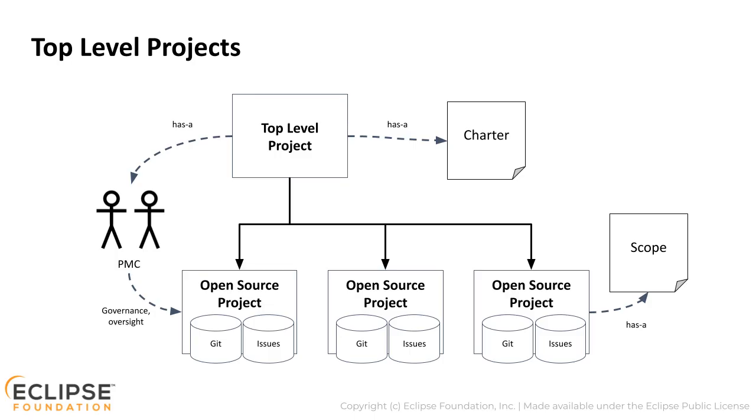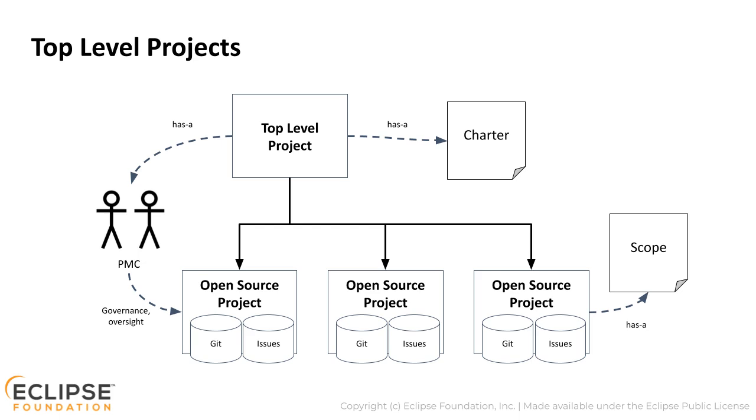Top-level projects also have a Project Management Committee, or PMC. The role of the PMC is to work with the open source projects to implement the mission of the top-level project and help the open source projects operating under their purview be successful with the Eclipse Foundation development process and intellectual property policy.